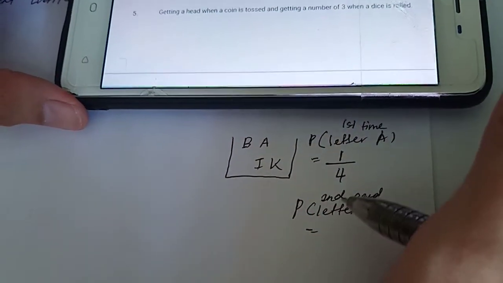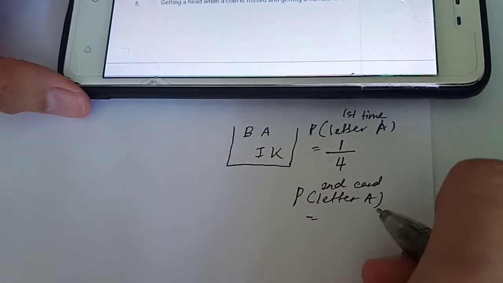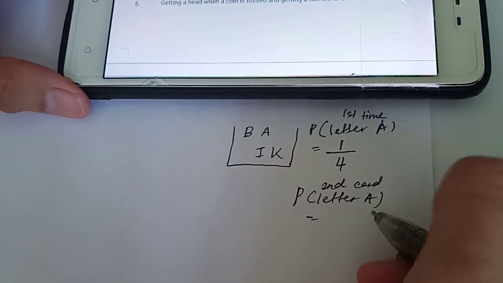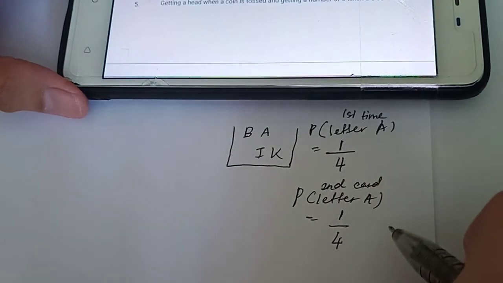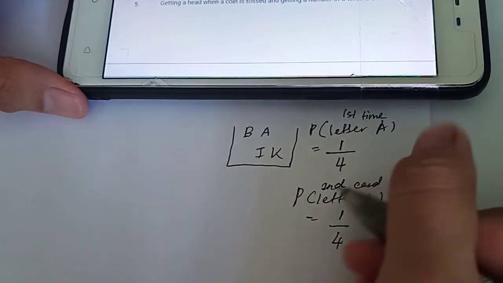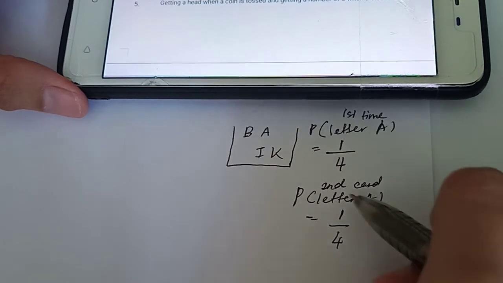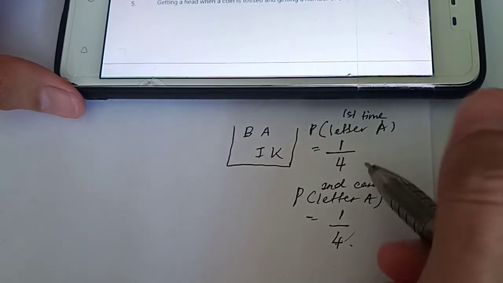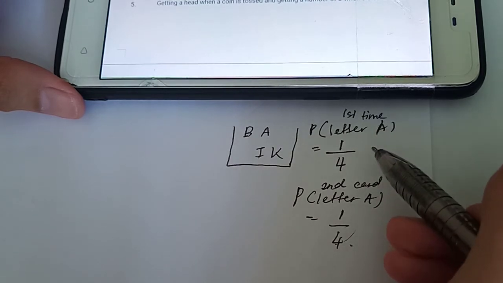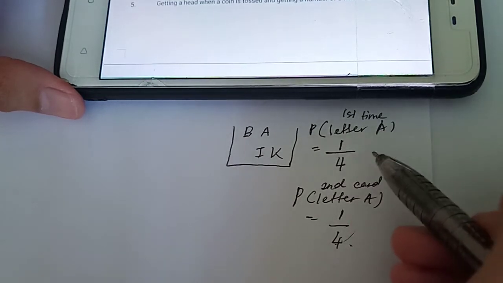Second time, I want to choose another card. What's my probability of getting letter A? So 1 over 4. So the probability of getting the letter A as my second card is the same as the probability of getting the letter A as my first card.